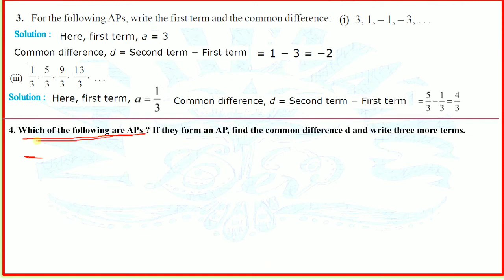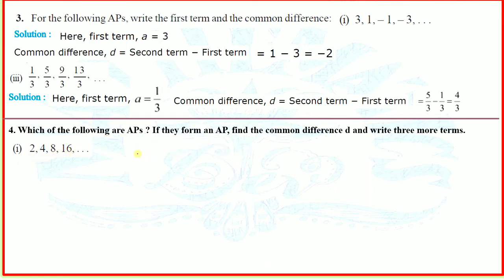For that, the general concept I have already told you: the third term minus the second term must be equal to the second term minus the first term. If both are equal, then we say that the difference is common, so this progression is an arithmetic progression, an AP. So for that, let us start. So we have 2, 4, 8, 16.